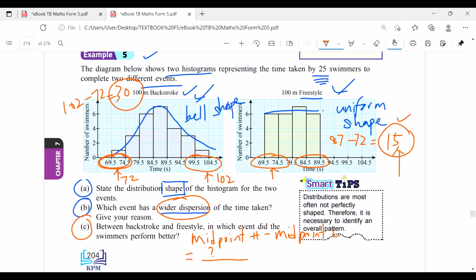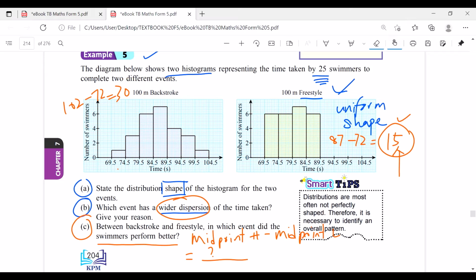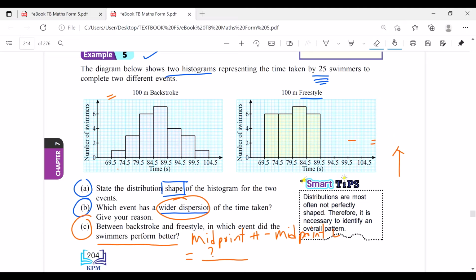Okay, so for the last one, C, between backstroke and freestyle, in which event did the swimmers perform better? What does the time give you information? The smaller the time, the better. So look at the shortest time. Here you have 6, 7.